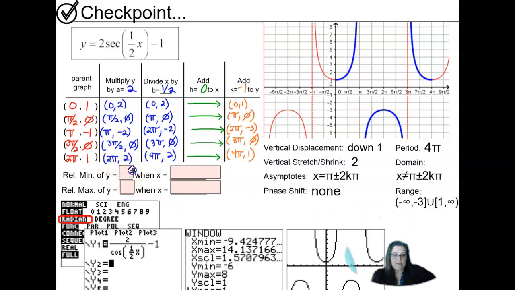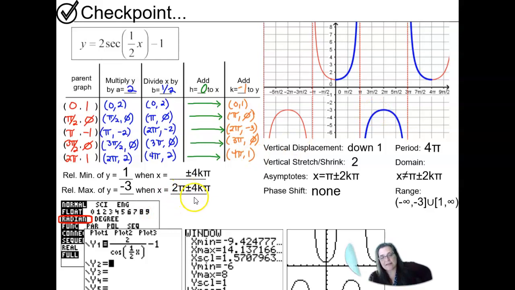The relative min is a +1, and that's where x is plus or minus k times 4 pi. Y is -3 for the relative maximum, and our first non-negative maximum is at, sorry, 2 pi. That's going to be 2 pi plus or minus k times 4 pi.